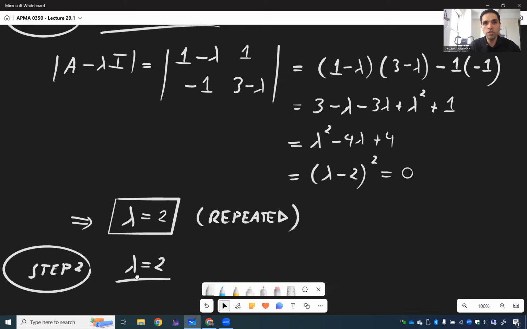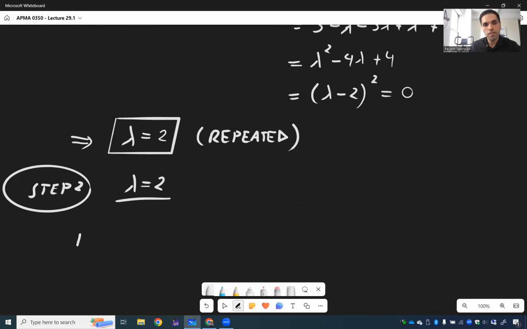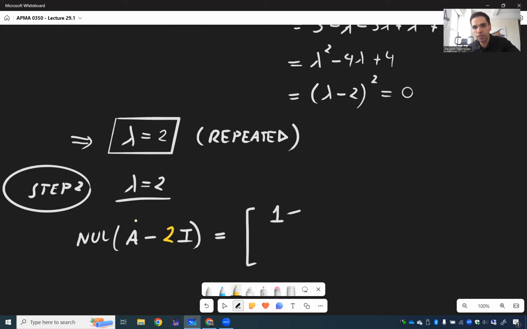So let's do the null space of A minus 2I. Again, remember, you subtract 2 from the diagonals. So 1 minus 2, 1, and then minus 1, 3 minus 2, and then 0, 0.